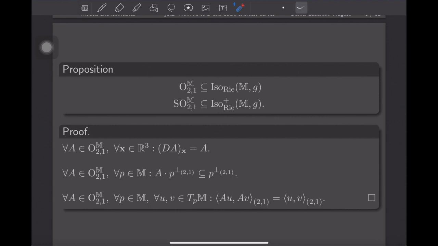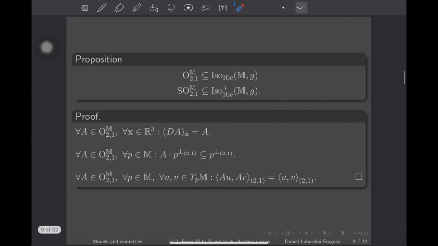The orthochronous Lorentz group is a subgroup of the group of Riemannian isometries of the upper sheet of the hyperboloid, and the proper orthochronous Lorentz group, or restricted Lorentz group, is also a subgroup of the group of Riemannian isometries, but its elements actually preserve the orientation.